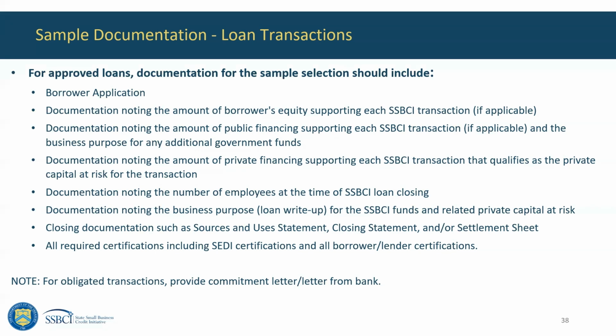The overall gist of this review is that we try to corroborate the information documented in the disbursement request form. For a borrower's application, that may be a source that documents the borrower's address to make certain it is within the jurisdiction. The borrower's application may also identify the FTEs, or even the business purpose of the transaction.